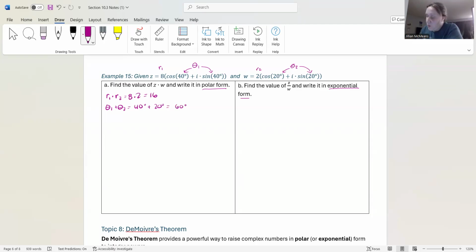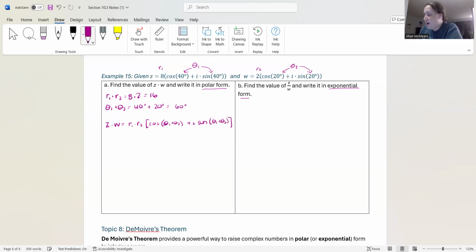And then remember, if we have z times w, that's going to be r1 times r2 times cosine of theta 1 plus theta 2 plus i times sine of theta 1 plus theta 2.